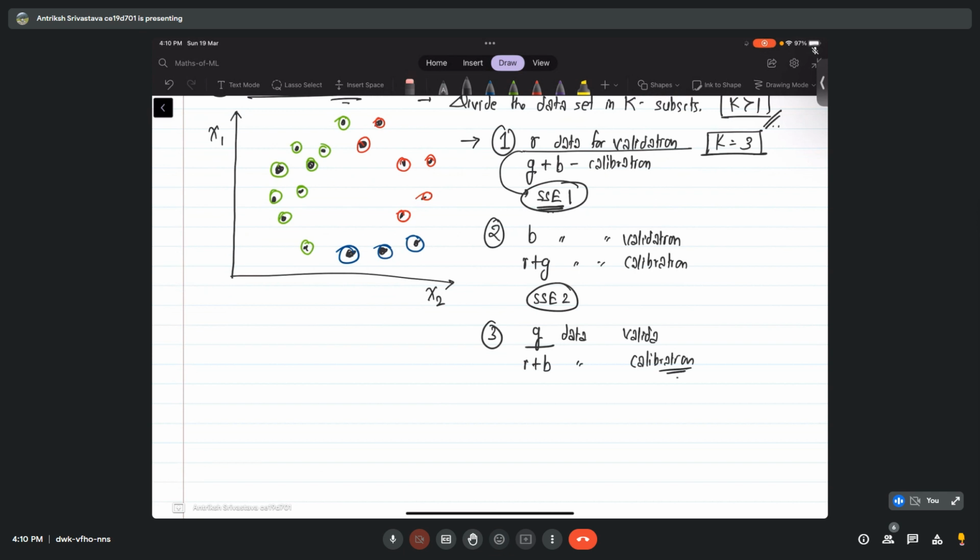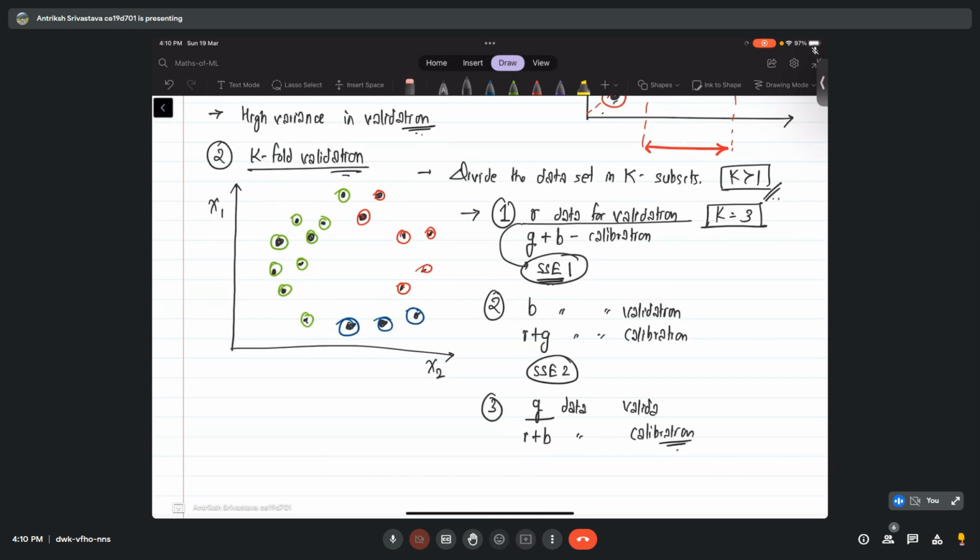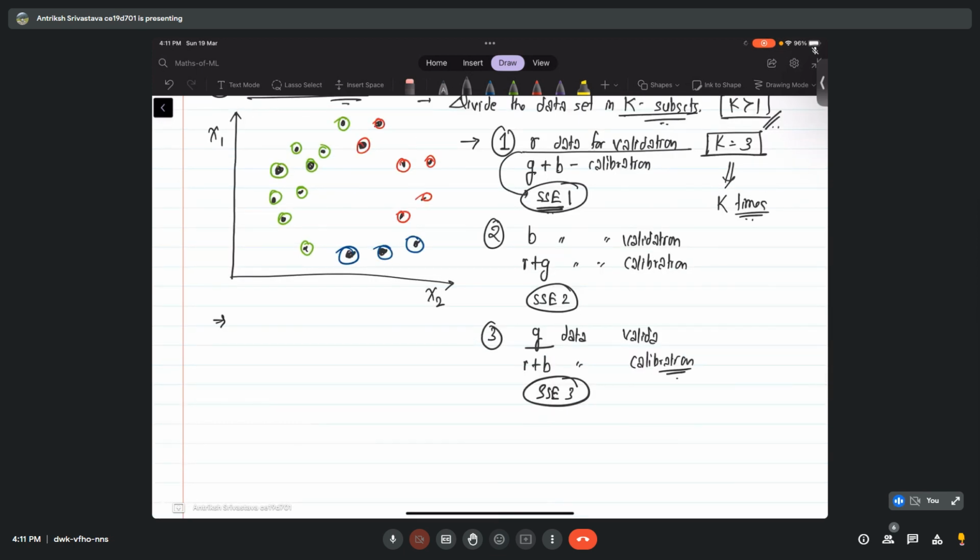So basically what we did is we performed this operation of calibration and validation k times, and every time we took one of the k subsets for validation while using the others for the purpose of calibration. What this helps us is, now we can be a little bit sure that the error or the uncertainty from the initialization or the random selection is gone.